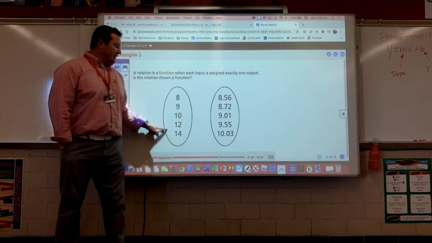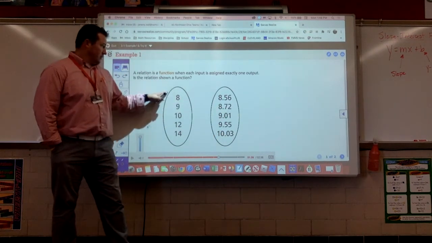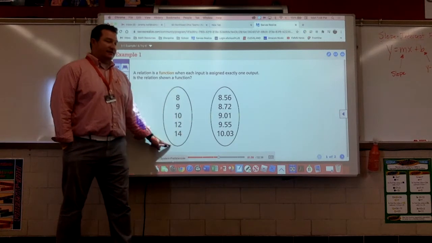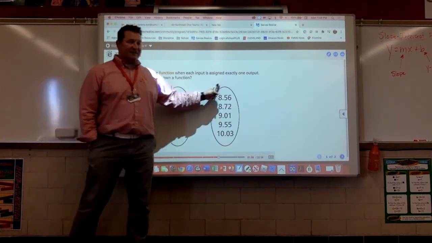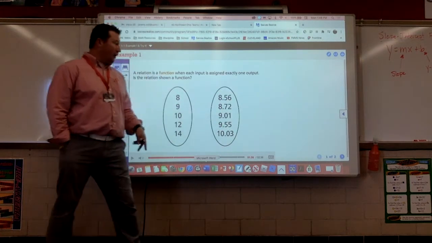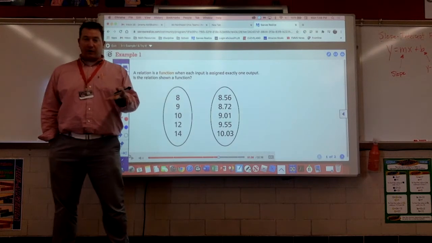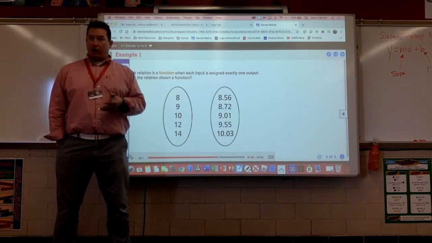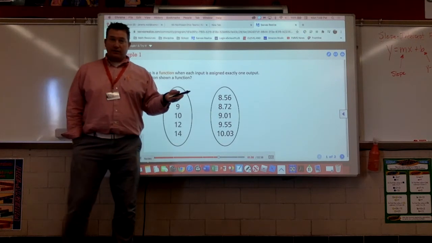So does each input have one output, right? Well, yeah, each one of these inputs, those were weights, has exactly one output. That is cost, okay? And this is one of the things we are going to be trying to figure out all over chapter 3: is this a function? Okay?